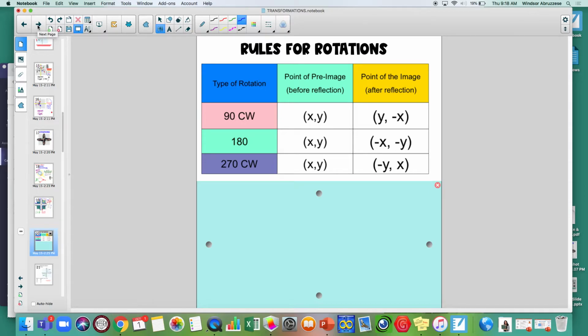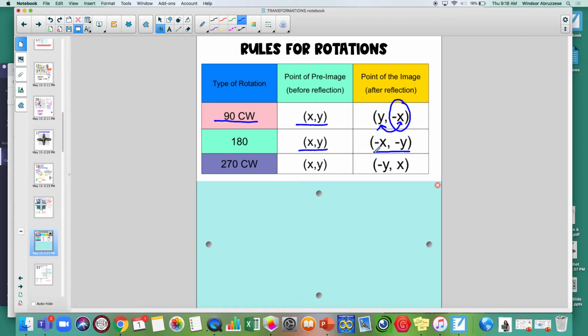In your notes, I have this chart for you. This is going to be where you go to help you with rotations, and I would write it down a million times so you remember. When I go 90 degrees clockwise, my original coordinate, I flip-flop x and y, and I do the opposite for the x. 180, here's my original coordinate.